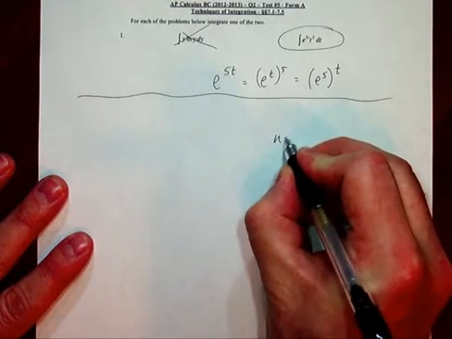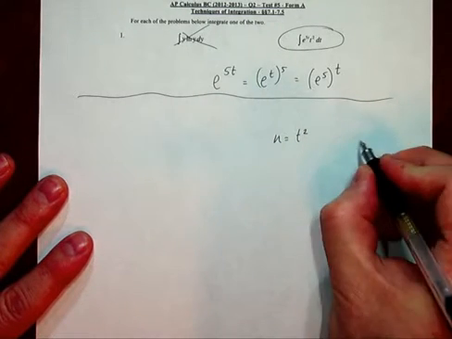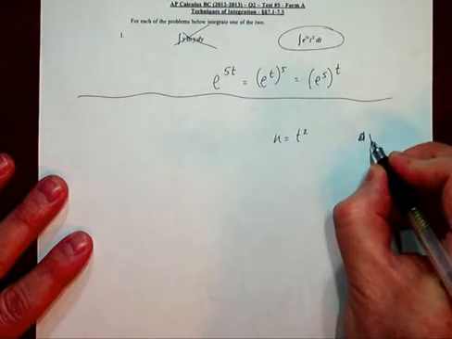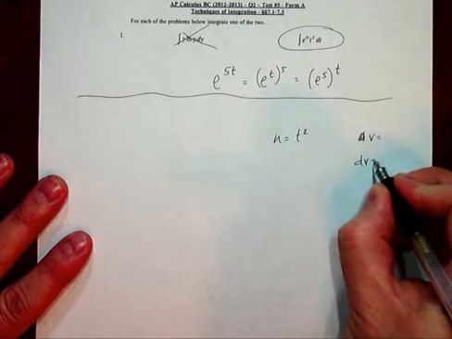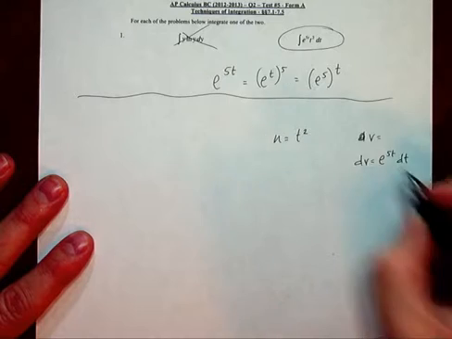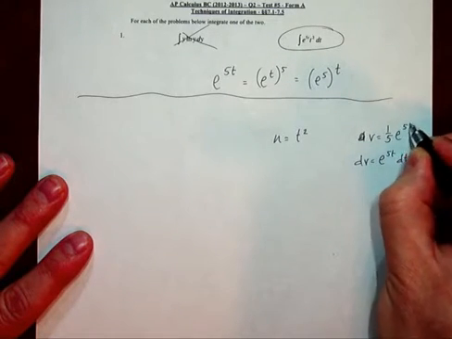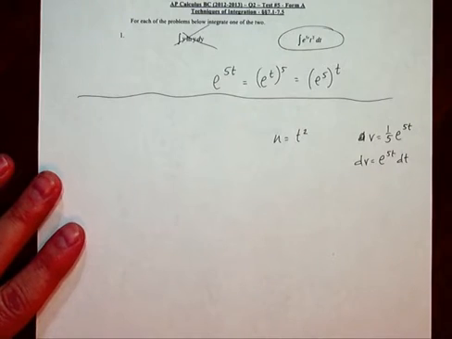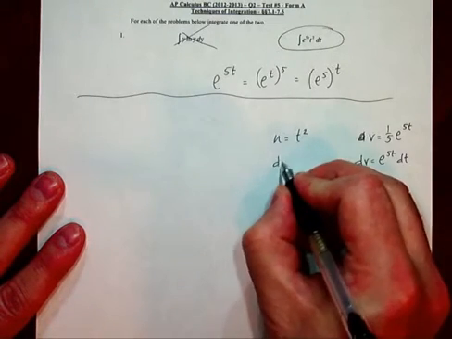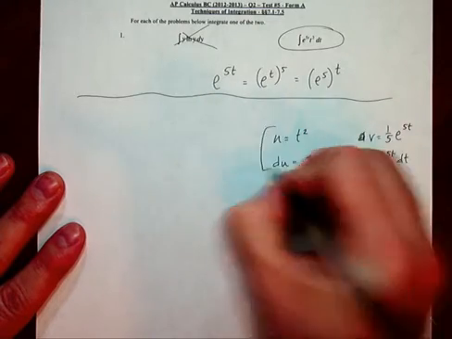So my u here is going to be straightforward, t squared, and my dv is going to be e to the 5t dt. Now that means that when I anti-differentiate it, I need 1/5 e to the 5t, and my du right here is 2t dt.